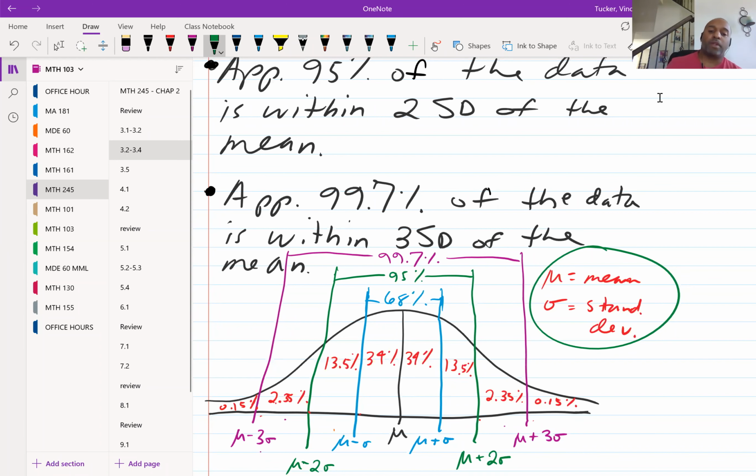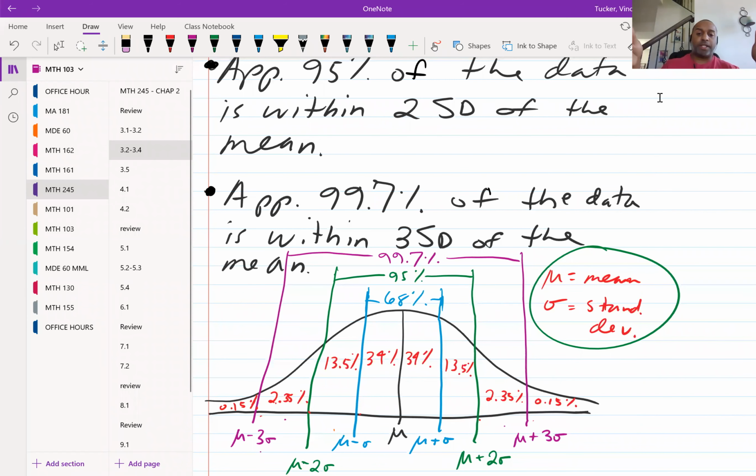So if you add 1 standard deviation and subtract 1 standard deviation, that gives us 68% of our data, 34 and 34. Remember we talked about symmetry, this bell-shaped curve is symmetric about the mean. 50% of your data will be to the right, 50% of your data will be to the left. If you were to add these together, that'd be 50%, same thing over here. And then of course, adding them both together gives you 100%.